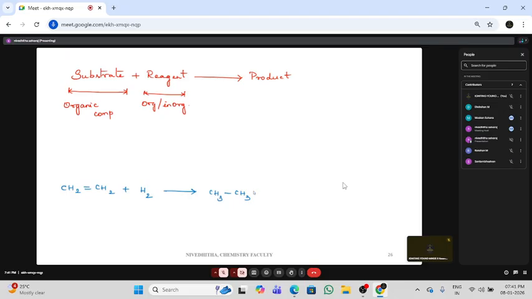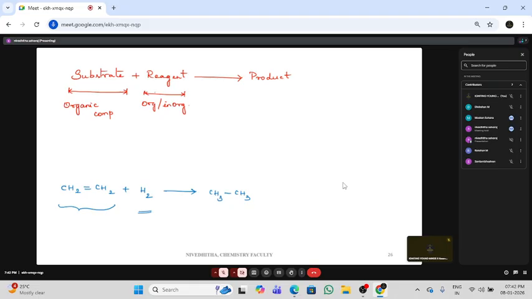Ethene, ma'am. Reagent is hydrogen. So ethane is the product. Basically, this is an organic reaction, and here two hydrogens were added across the double bond. So this is my substrate, and this is my reagent.